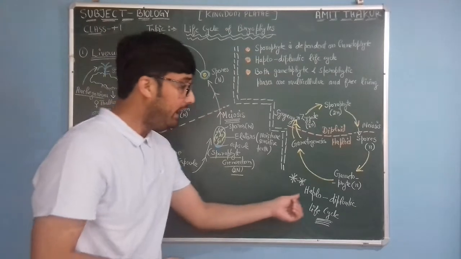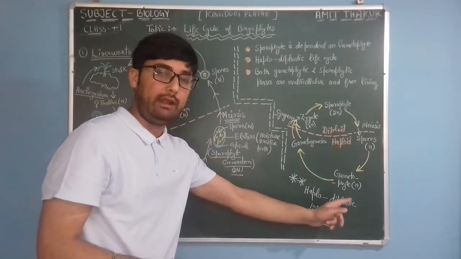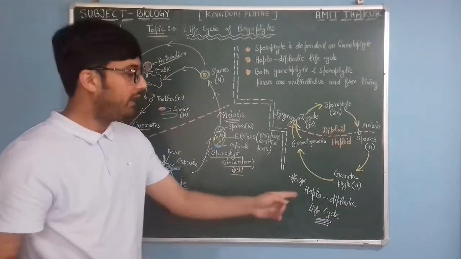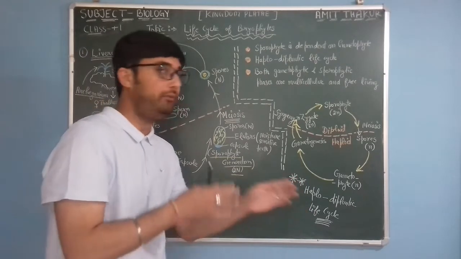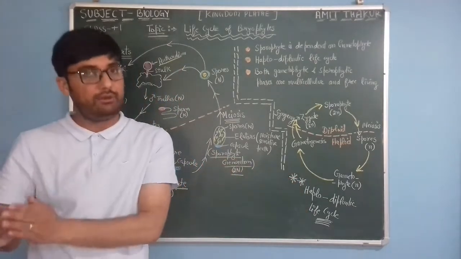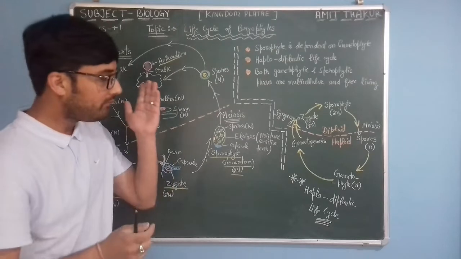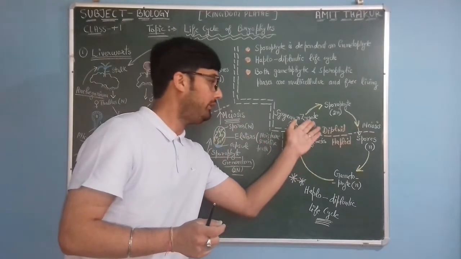And why do we write haplo first and diplontic at last? The reason is that the haplontic or haploid phase is long lived as compared to the diploid or diplontic phase.